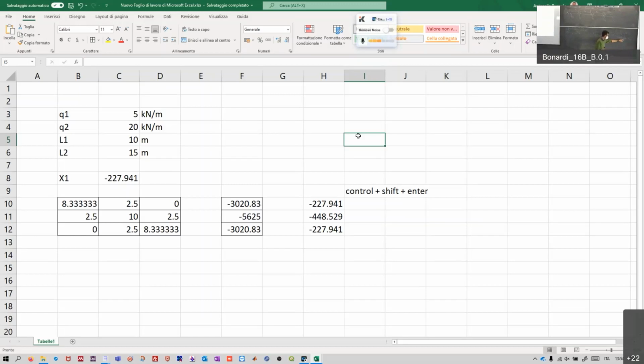Do you know how much it is? Any guess? Will it be equal to something that we have already seen, if you want to check the results? This is the bending moment of the beam AC in the node C. Does it remind you of anything that we have seen during this exercise?